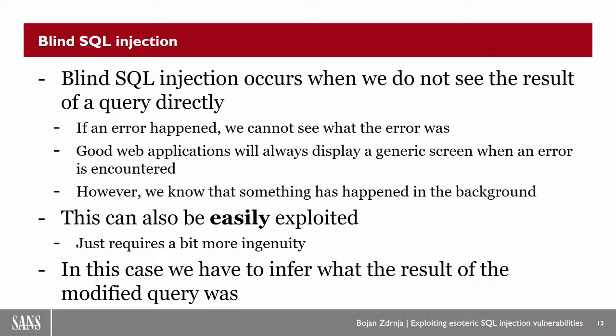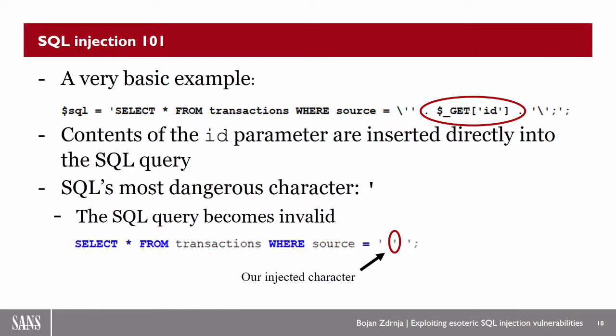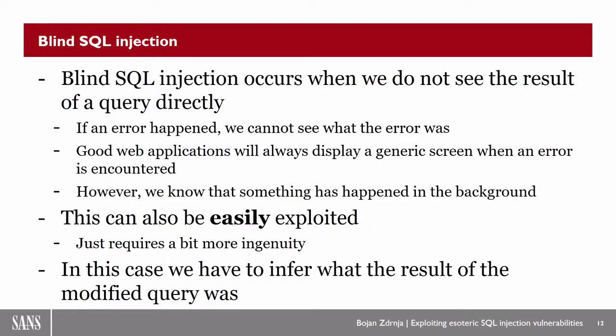I already mentioned the difference between inline or visible and blind SQL injection vulnerabilities. With inline SQL injection vulnerabilities, when I do this, I'll actually get some kind of an error. I get the results of that query. With blind SQL injection vulnerabilities, I don't see the result directly.